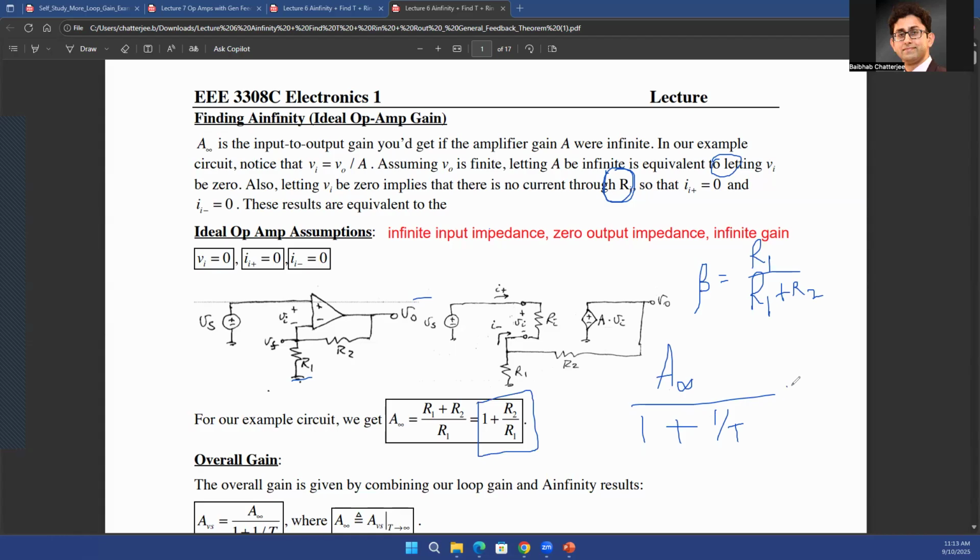So your A infinity is 1 plus R2 over R1. And your 1 plus 1 over T, that is just 1 plus 1 over A times beta. And A times beta is just A times R1 divided by R1 plus R2.